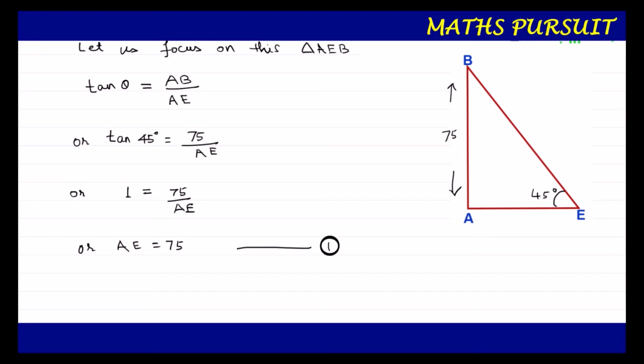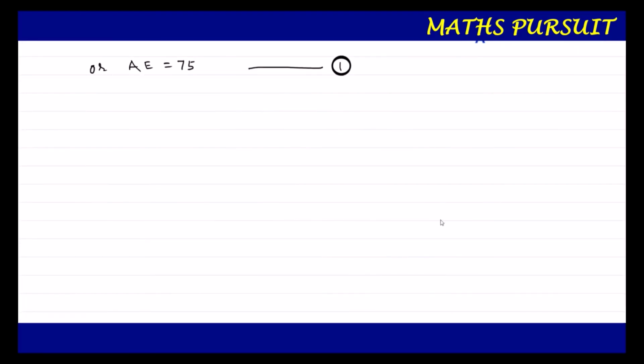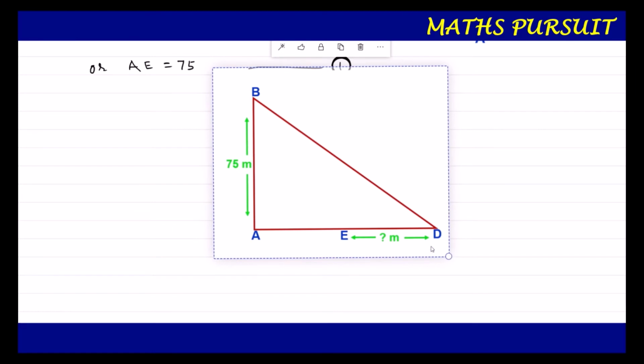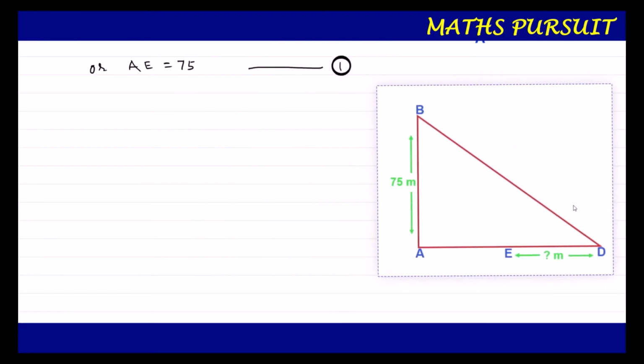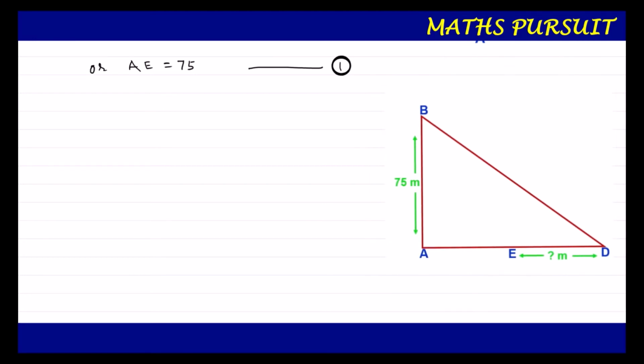Now guys, let us focus on the other triangle, triangle ADB. ADB looks like this. This is the other part of the right angle triangle that we have from the original diagram. As per the original diagram, in ADB, angle D is 30 degree.